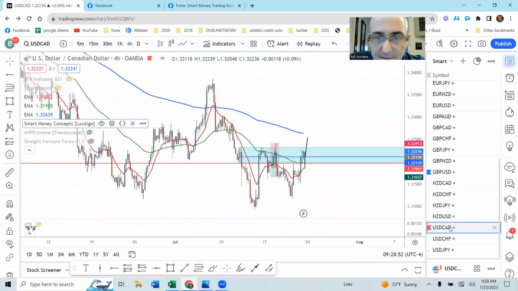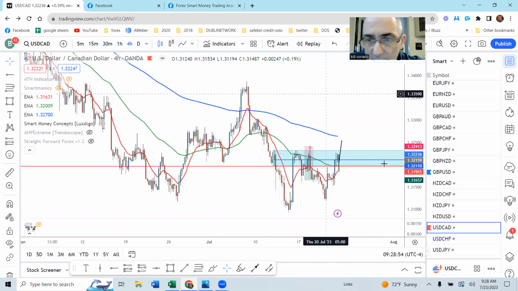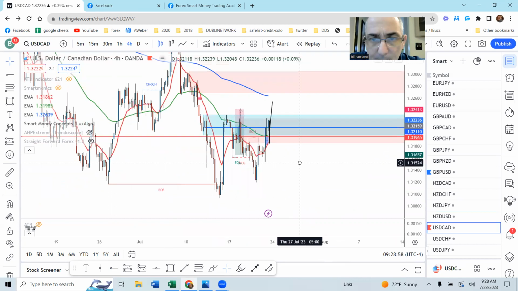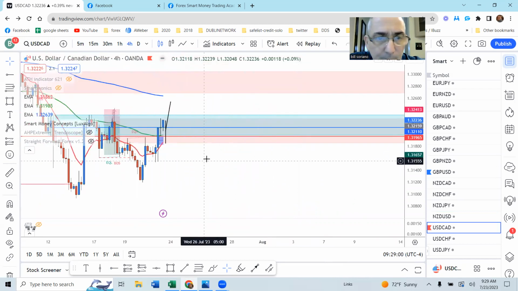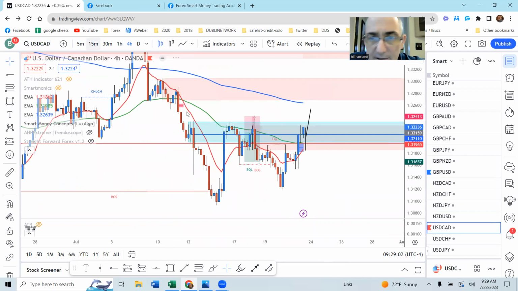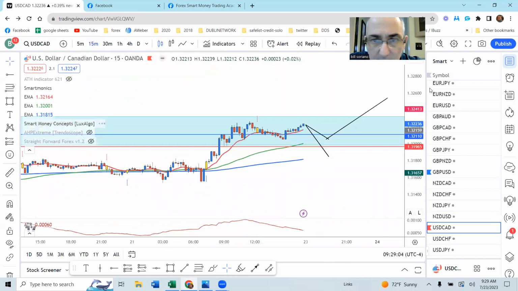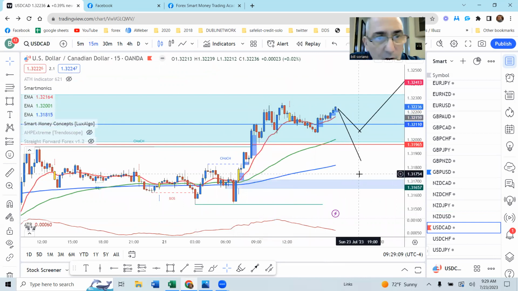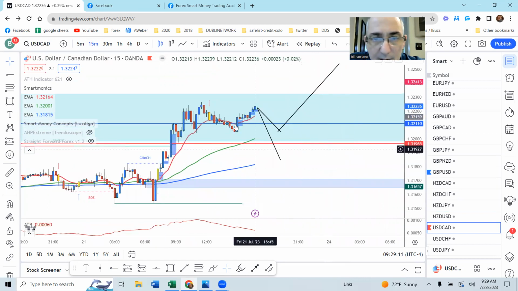USDCAD. Okay, this one. I'm sure we had this already marked up here. Yeah, so this one's already inside of our 4-hour order block, and we're waiting to get a change of character right here. So we're waiting for price to move down.